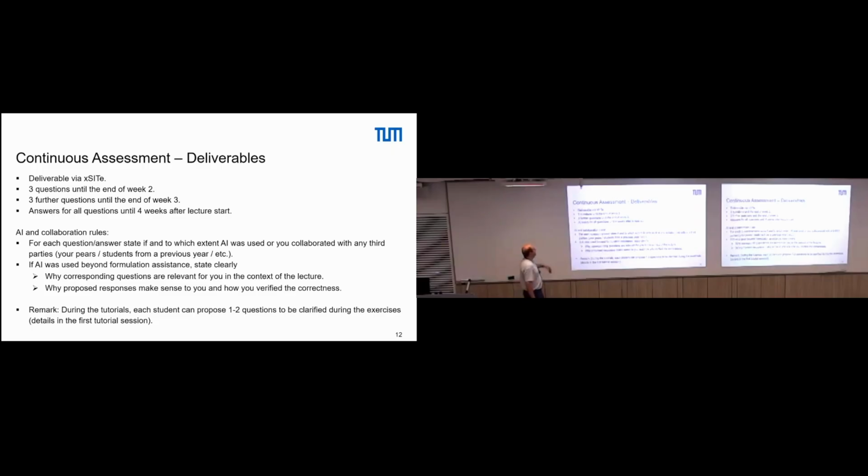The first 3 questions are put into the system after the first 2 weeks. The second 3 questions are put into the system in a separate part in the second or third week. And you have then time till effectively the end of the lectures to respond.